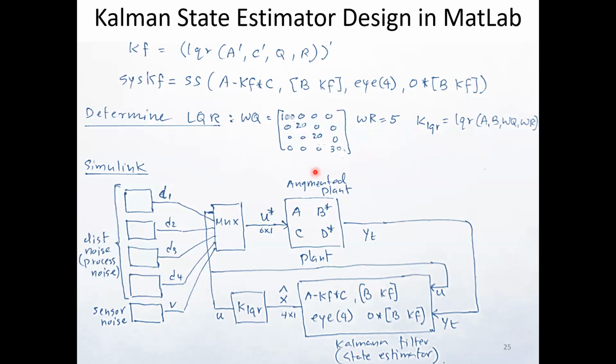In LQR design over here, we have the provision to specify in MATLAB how costly these signals are, how costly to generate the control signal, and how costly the variation in the state variables. These numbers tell that, and it may have some rationale behind it, or it can be arbitrary. You make your best choice here, right?